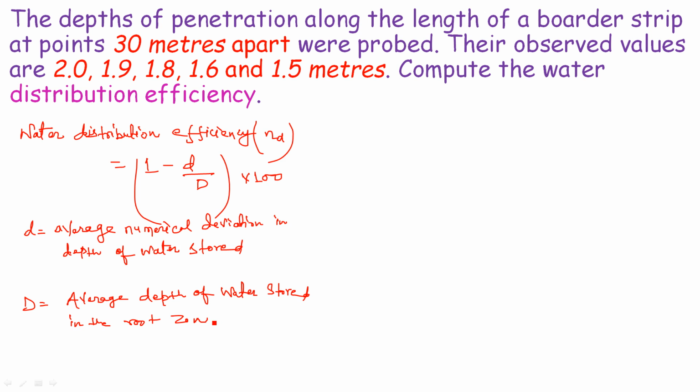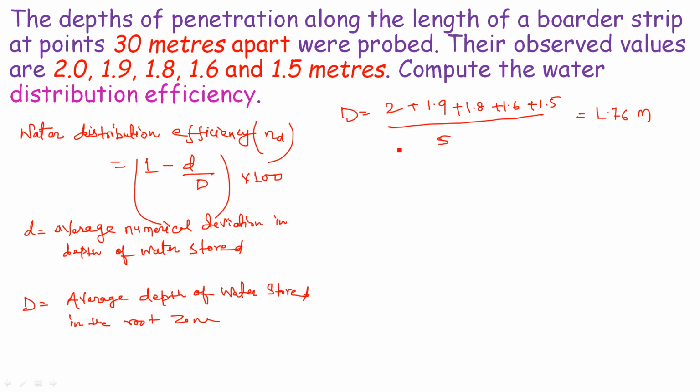So first of all, we find the capital D, that is the average depth of water stored in the root zone. We can find it by this data: D is equal to 2 plus 1.9 plus 1.8 plus 1.6 plus 1.5 divided by 5. So the average depth of water comes as 1.76 meter.